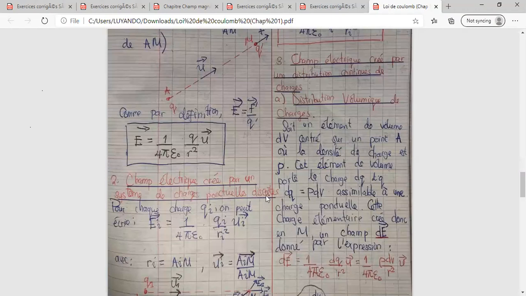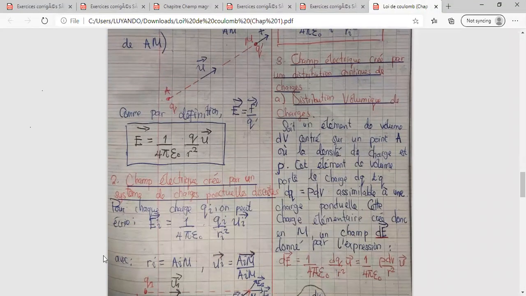So these are maybe Q1, Q2, specified charges. Maybe we have Q1, Q2, Q3, Q4. They've given you the charges Q1, Q2, Q3, Q4 respectively. So for each charge, we have Qi representing any number. It can be Q1, Q2, Q3.